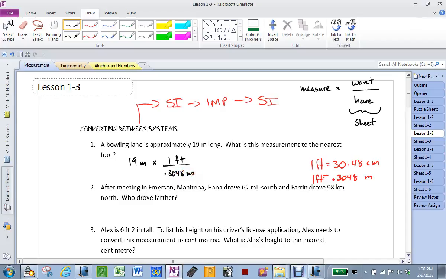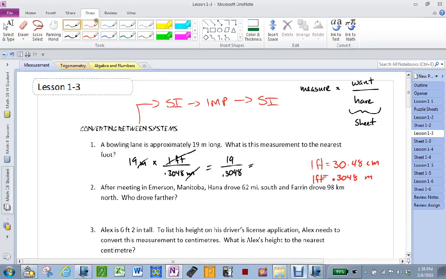Now what cancels? The 1 always cancels. And the m on top and m on the bottom cancel. What am I left with? 19 over 0.3048. Now, can you do that in your head? Of course not. So you go to your calculator.